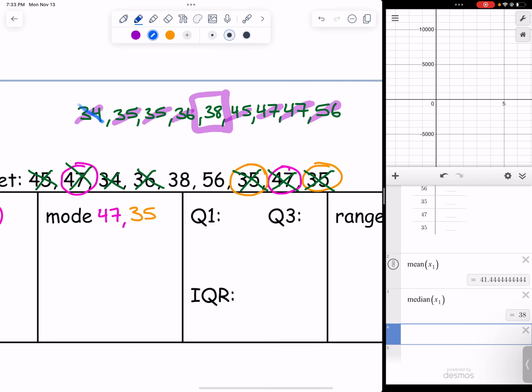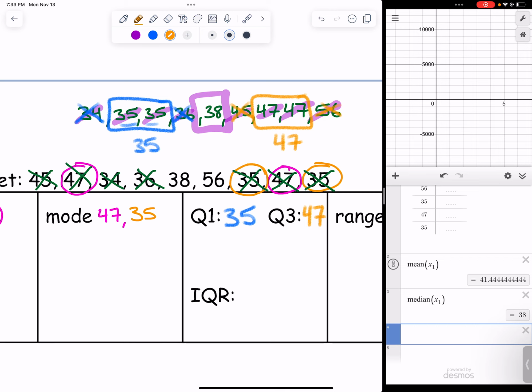So you want to mark out the first and the last, but then you got to average these two together. So we can see that 35 plus 35 divided by 2 would just be 35. So that's quartile 1. Then quartile 3 would be to mark out the first and the last and then average these two together, which notice if I average those two together, that is just still going to give me 47.